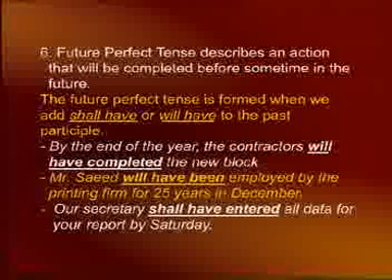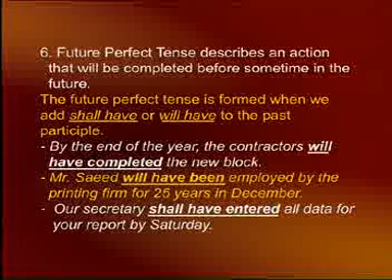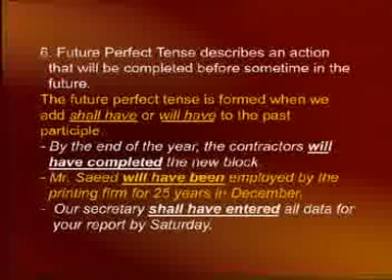For example, in the sentence, by the end of the year, the contractors will have completed the new block. You are describing an action that will be completed before some time in the future.